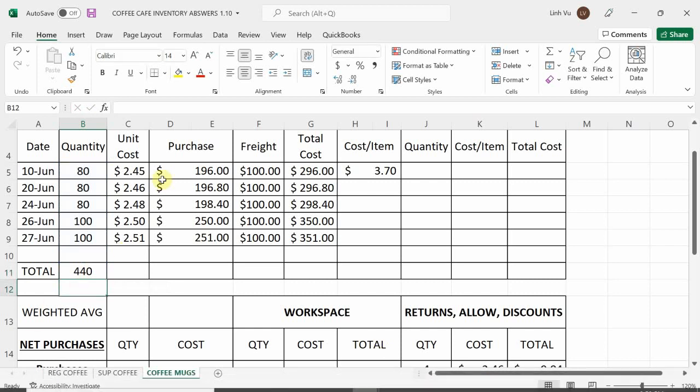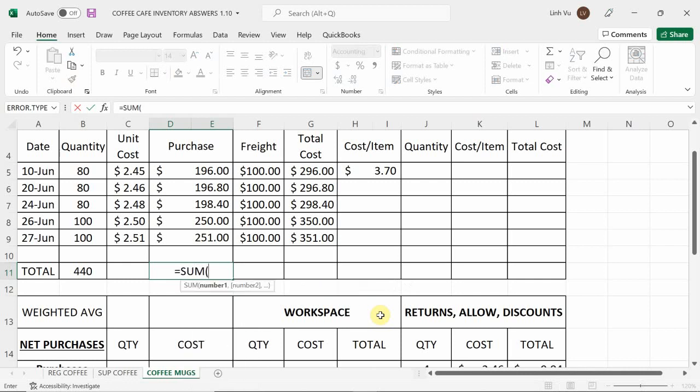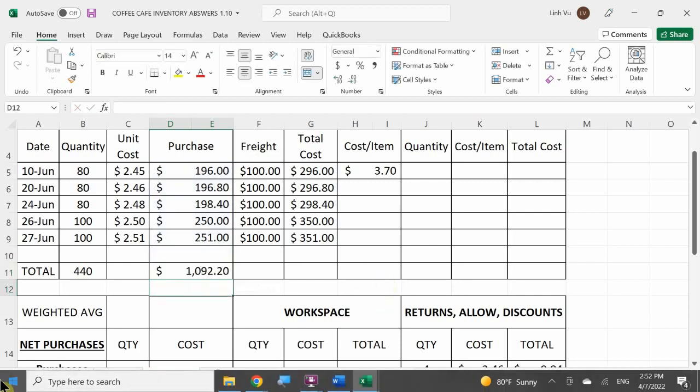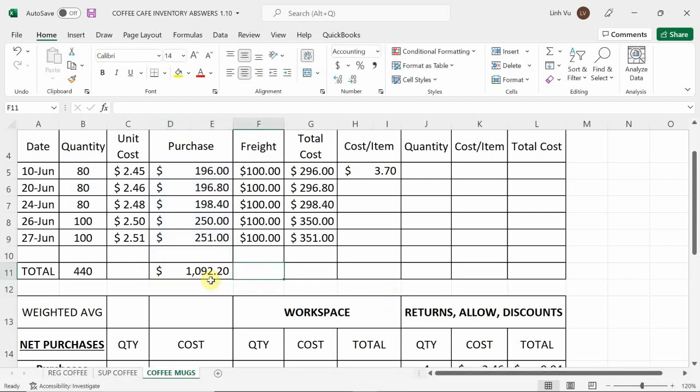And how much was my total purchase price? I got 1092.20. 1092.20 is correct. Plus how much freight?